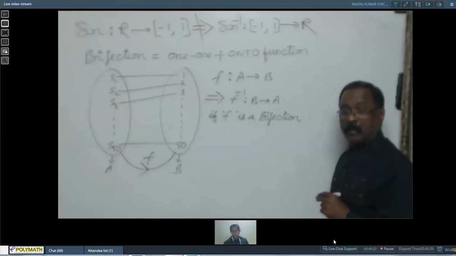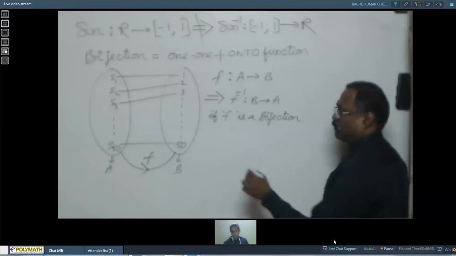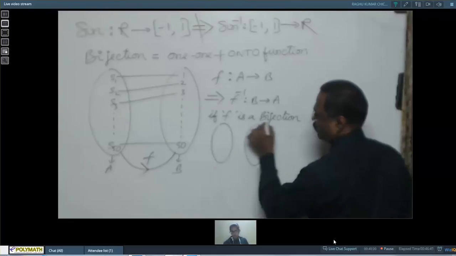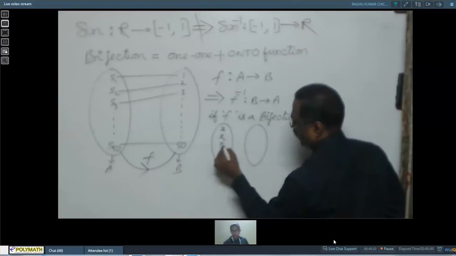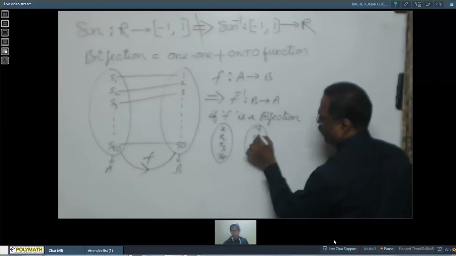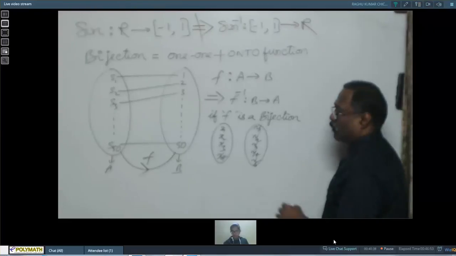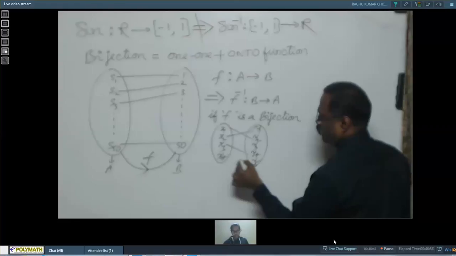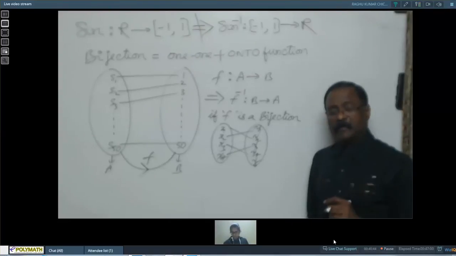So, I'll give you a simple example now. Let us take a one-one function. You have x1, x2, x3, x4 and y1, y2, y3, y4, y5. So x1 to y2, x2 to y1, x3 to y4, x4 to y3. It is mapped like this. You tell me whether it's a one-one function or not.